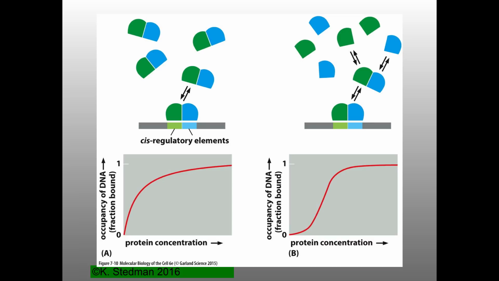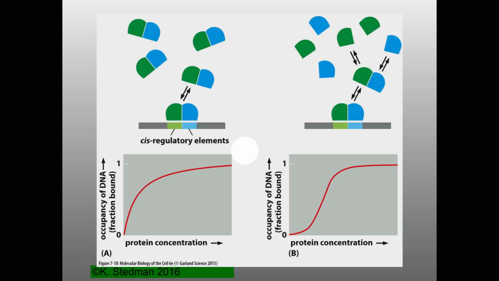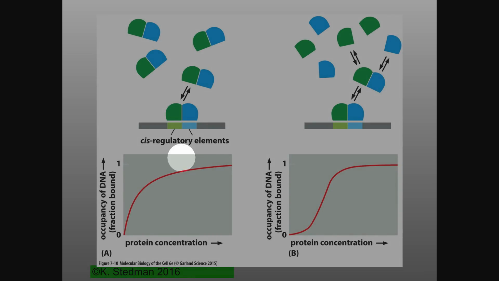If you have dimerization and that dimer binds really well to DNA, but the individual monomers do not, you can have much more of a switch-like DNA binding versus concentration, a sigmoidal curve, as opposed to this asymptotic increase curve.